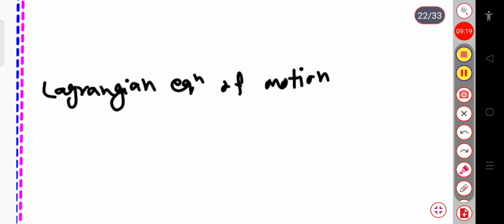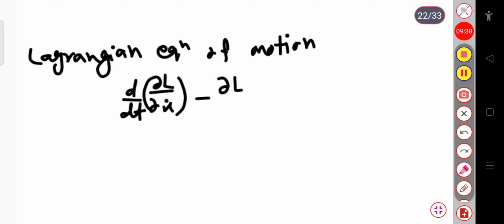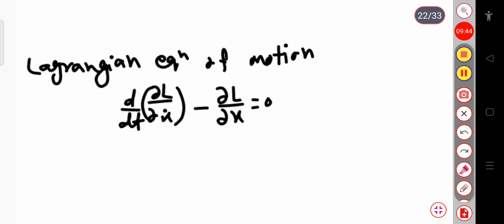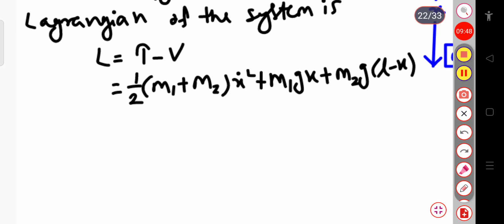You know the Lagrangian equation of motion is d by dt of dou L by dou q k dot, but here the independent coordinate is x, so it will be dou L by dou x dot minus dou L by dou x equal to 0. So let us calculate the value of dou L by dou x.